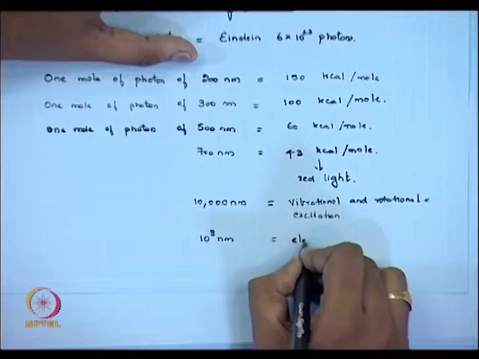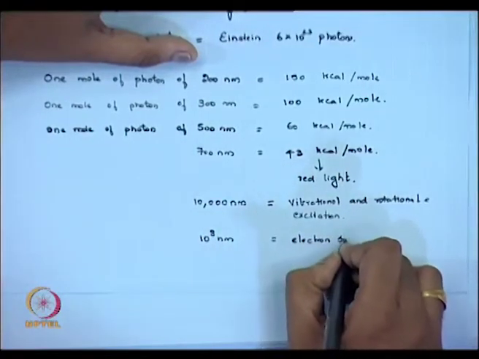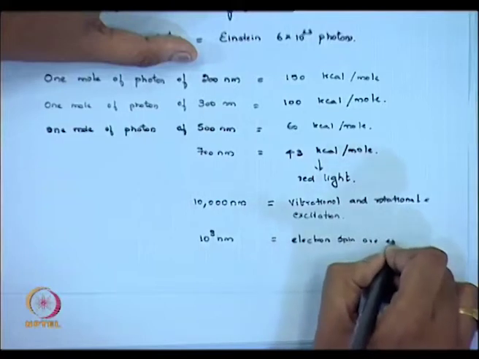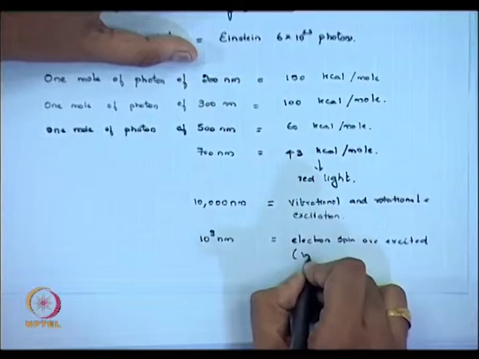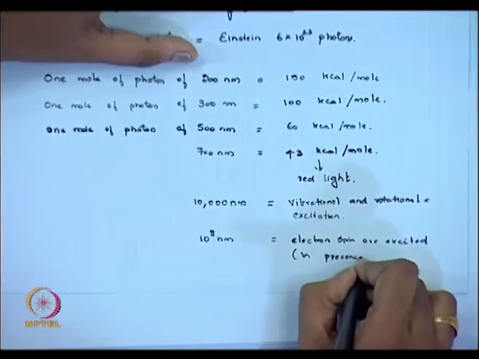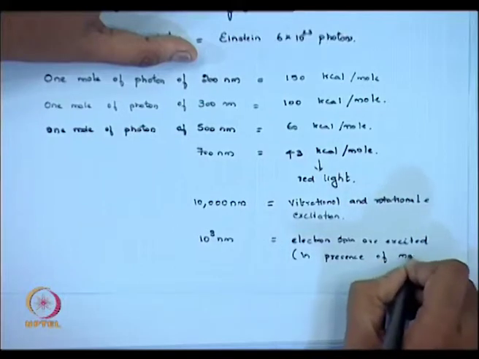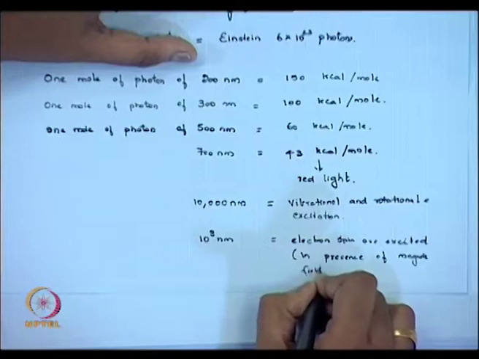So, you get electron spin excited, but it happens in the presence of a magnetic field.